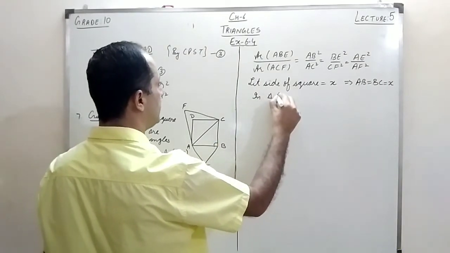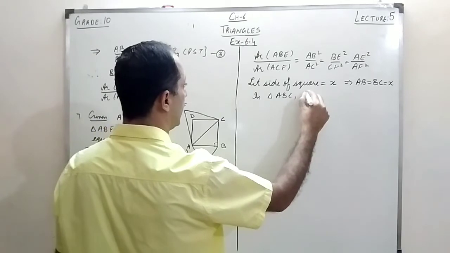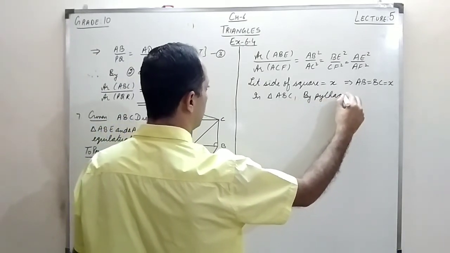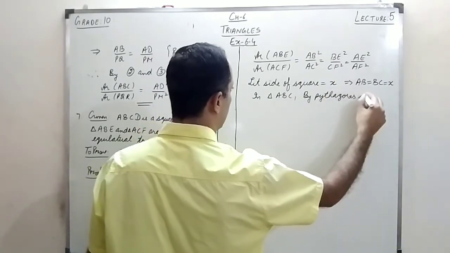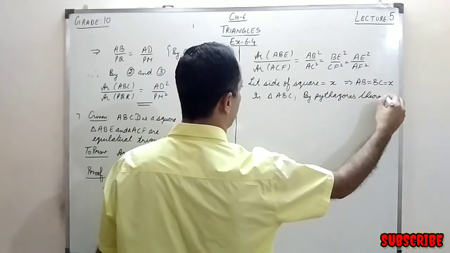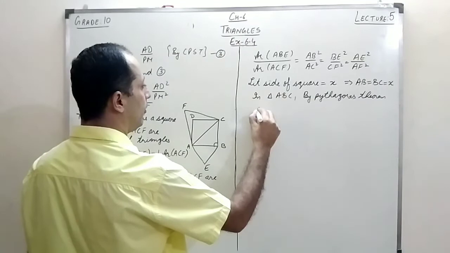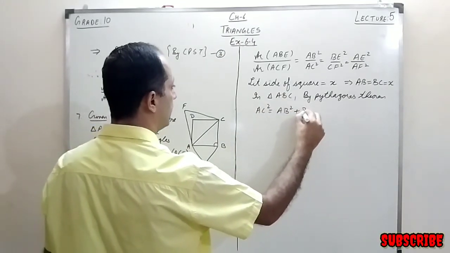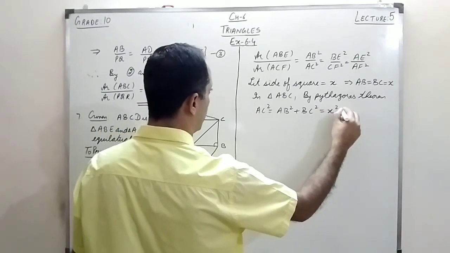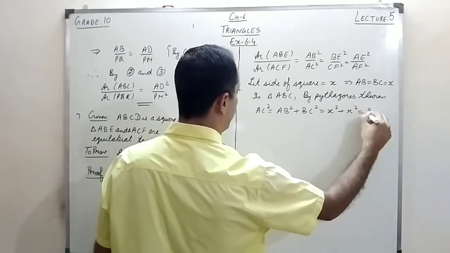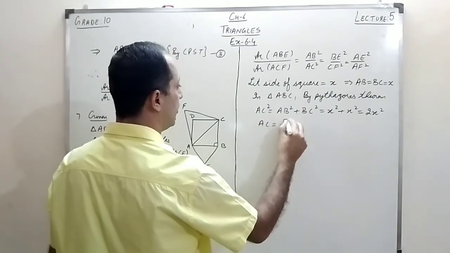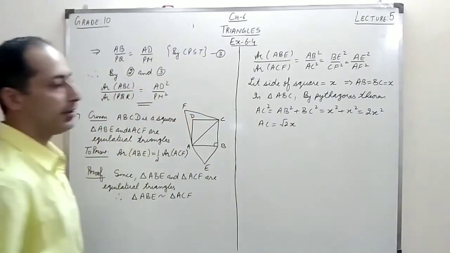In triangle ABC, I apply Pythagoras theorem and find the length of the diagonal from here. And I get that AC, the length of the diagonal, is root 2 x, right?